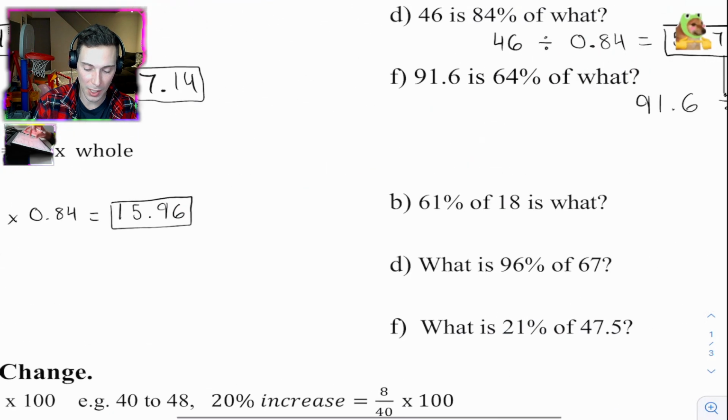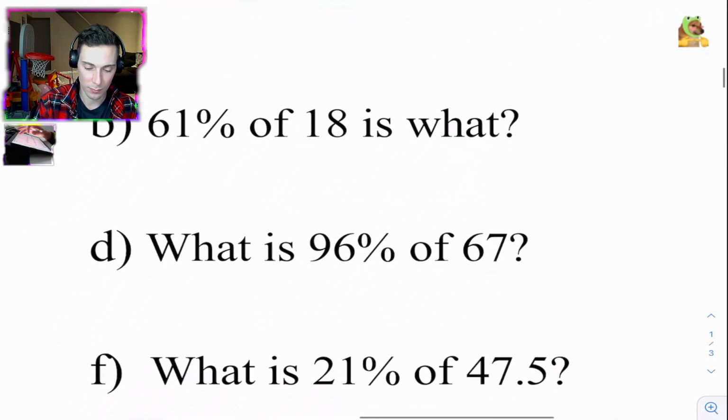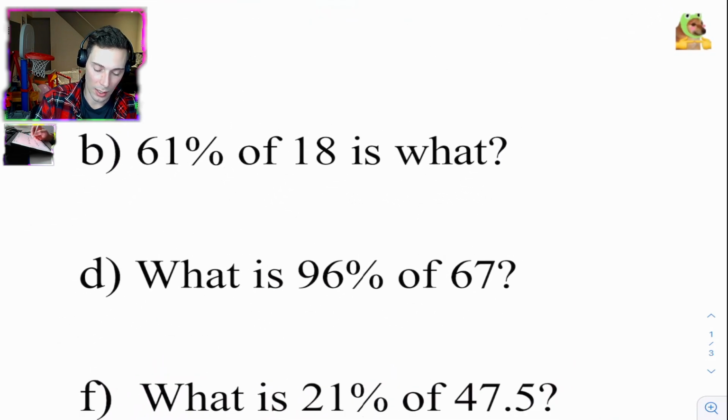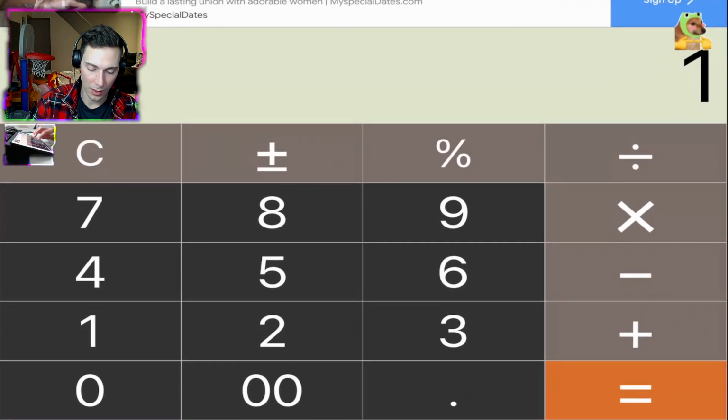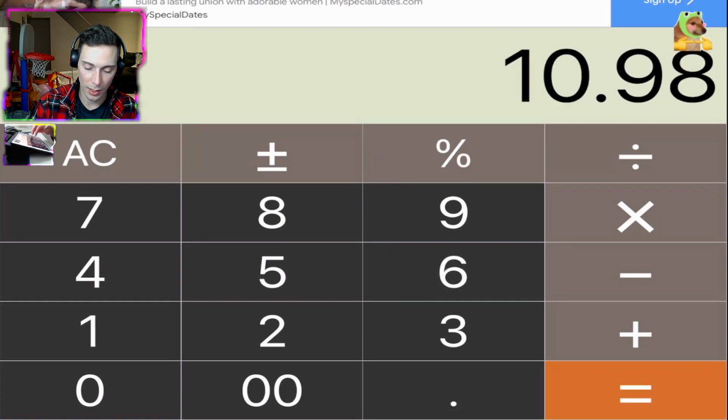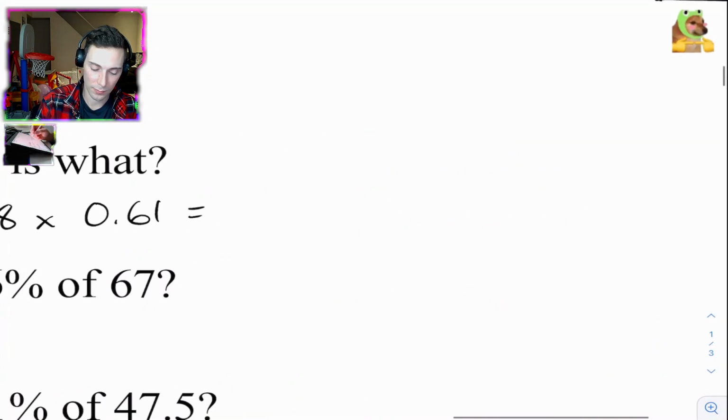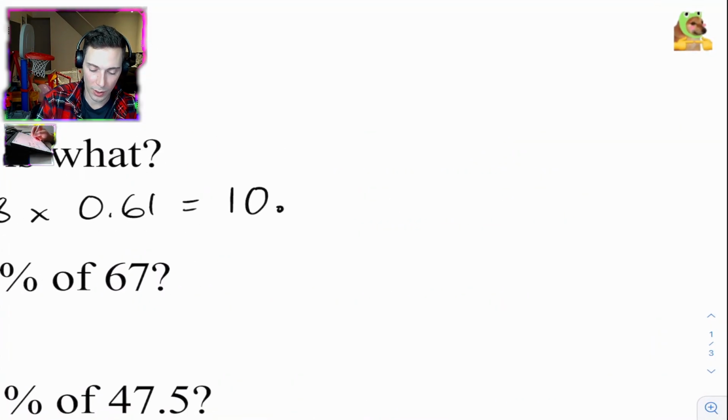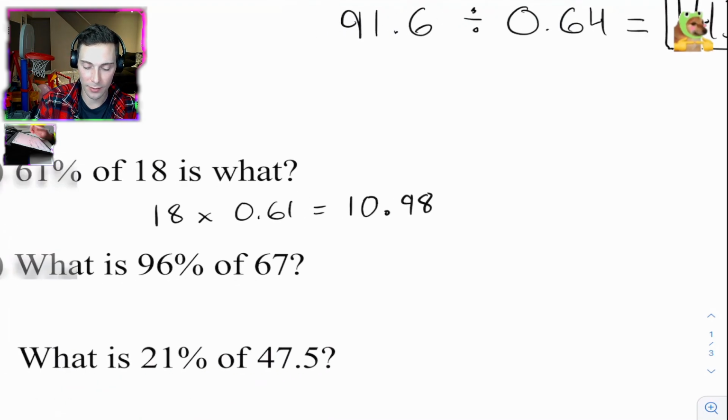Okay, 3B. 18 is the whole, and we multiply the whole by the percent in decimal form. This is going to be equal to 18 times 0.61, which is 10.98.